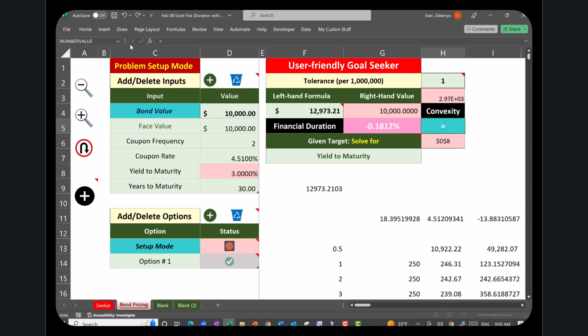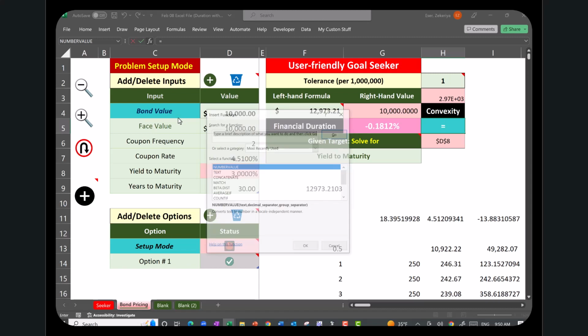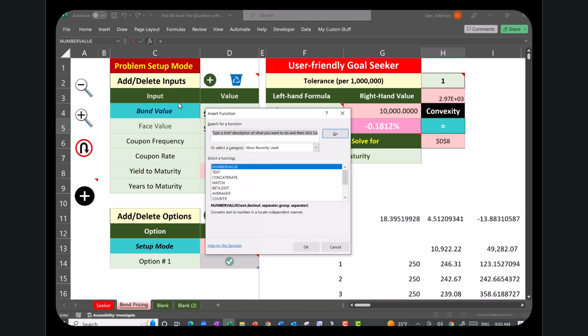For that function, if I don't remember the syntax, I'm going to go to the FX button, pick user defined, and find my iConvex right there. Again, I apologize that it's too small, but there is nothing I can do about that.